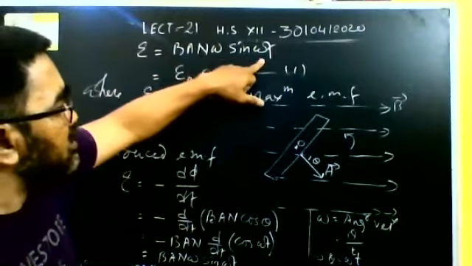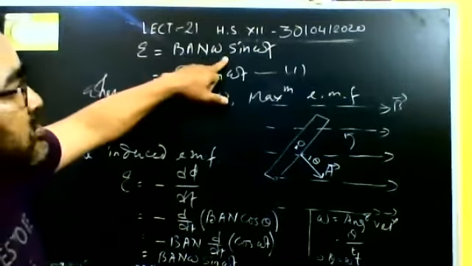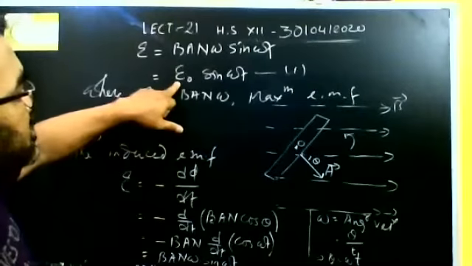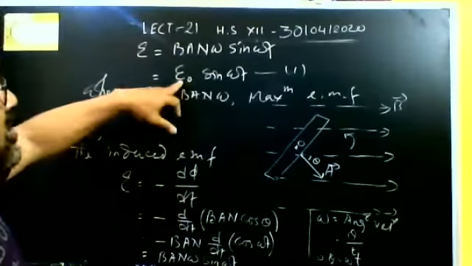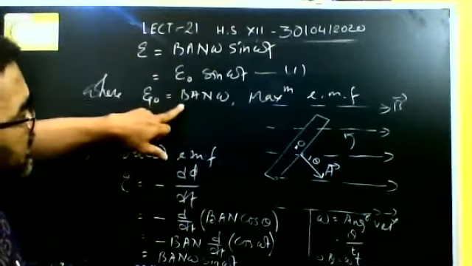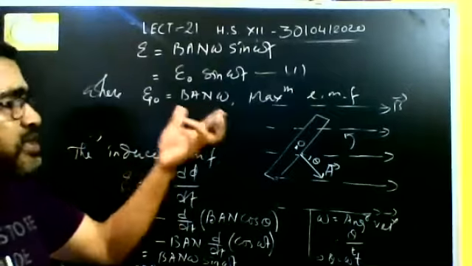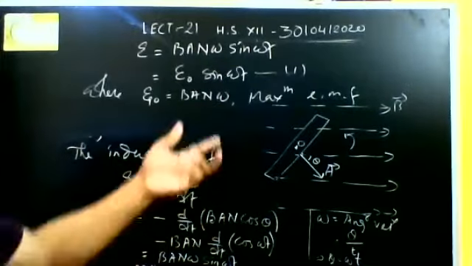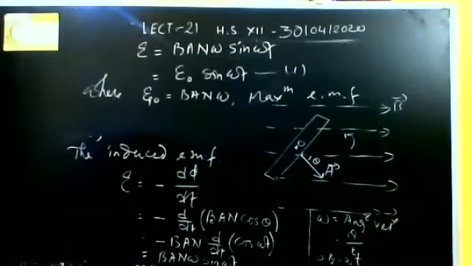So if this is 1, then epsilon, that is EMF, will be equal to this value. So this value is written as epsilon naught or E naught. In some books you will get it as E naught, no problem. Epsilon naught is nothing but B A N omega. Okay, so this gives the peak value of EMF, because the nature of this induced EMF is sinusoidal.